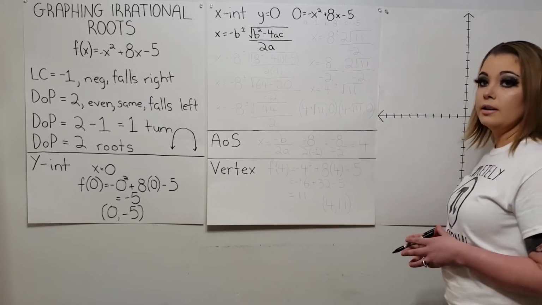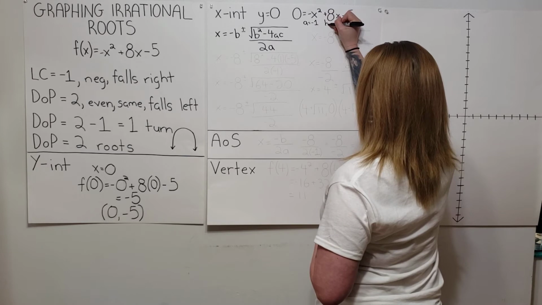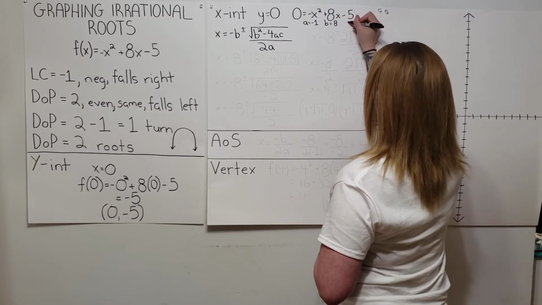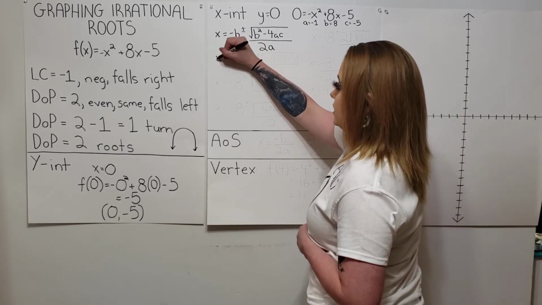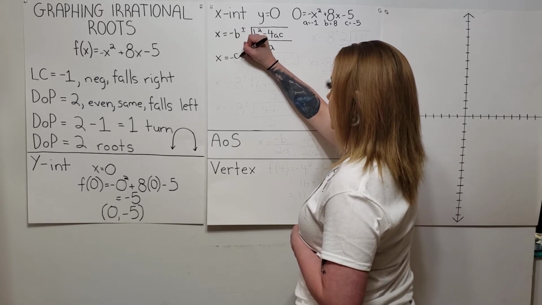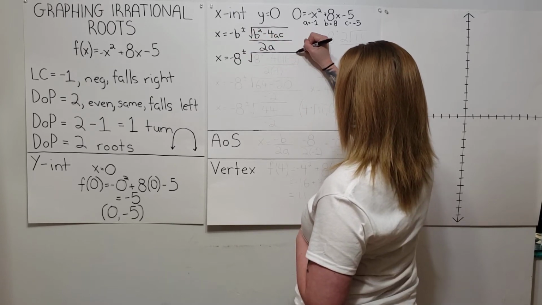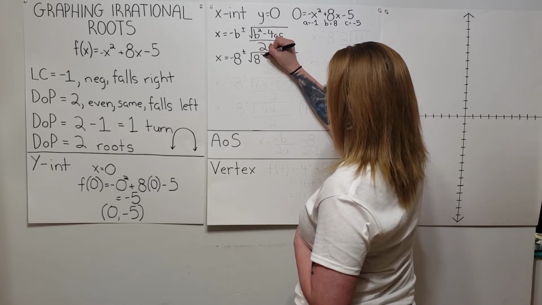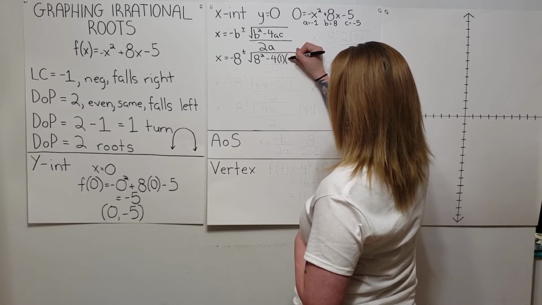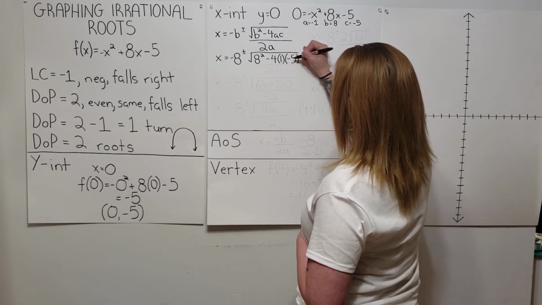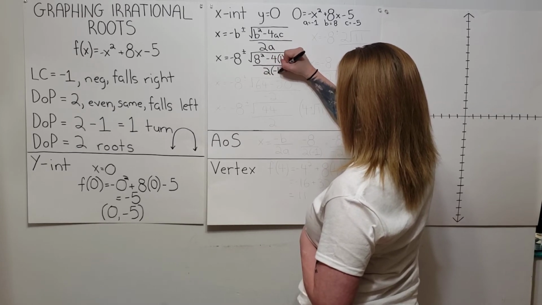Now we're going to plug in our values where a is -1, b is 8, and c is negative 5, which is going to give us x equals negative 8 plus or minus the square root of 8 squared minus 4 times -1 times negative 5 over 2 times negative 1.